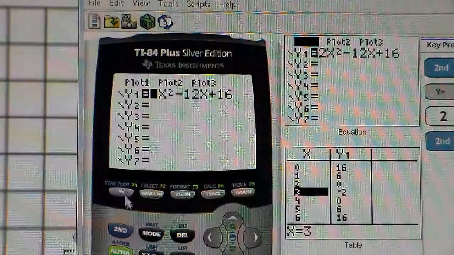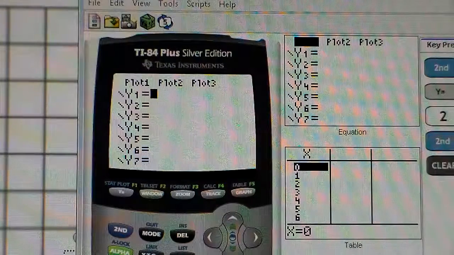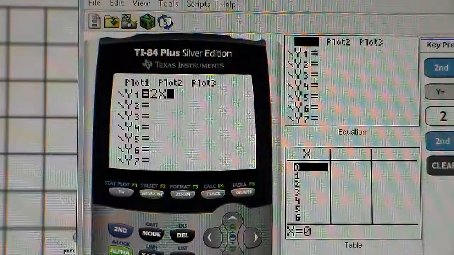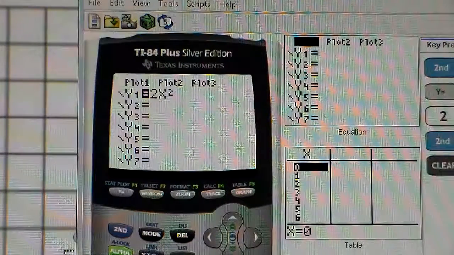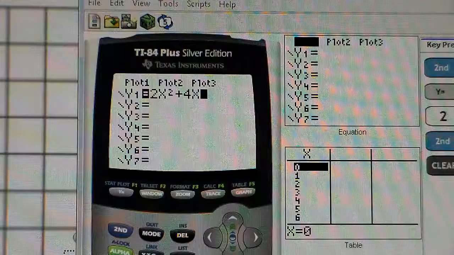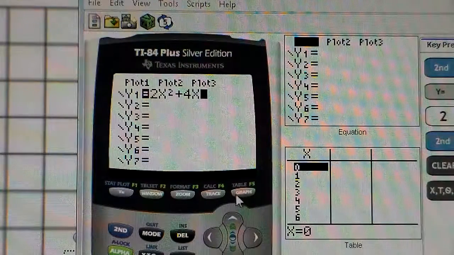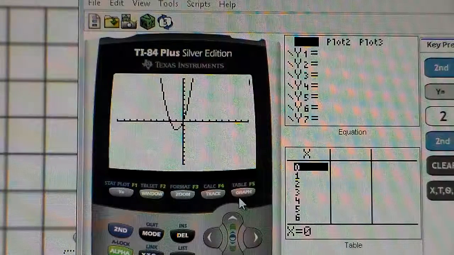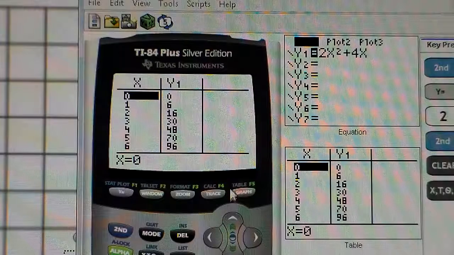So we're going to hit the y equals button and clear the previous problem. Then we're going to type in 2 times x squared plus 4x. And then we're going to hit our graph to see what our graph is going to look like. Then we hit second graph and we get our table.